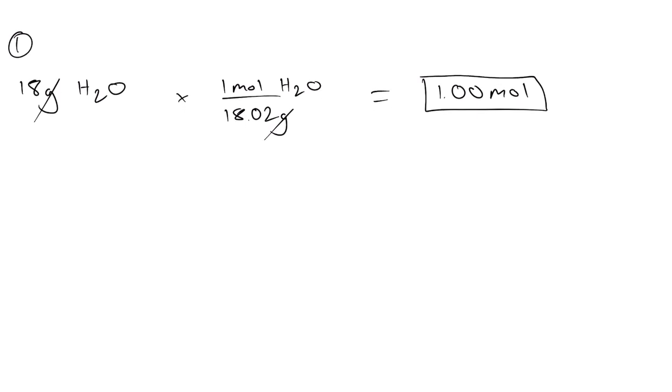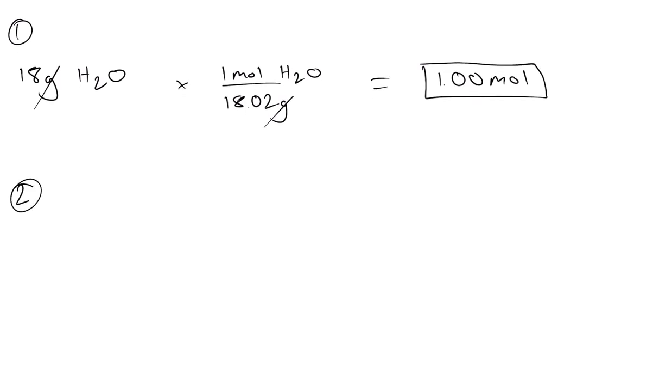Let's try another example. Let's say we have 88 grams of carbon dioxide, 88 grams of CO2. Once again, we need to find the molar mass of CO2. And looking at the periodic table, the molar mass of CO2 is going to be 44.01 grams per mole.